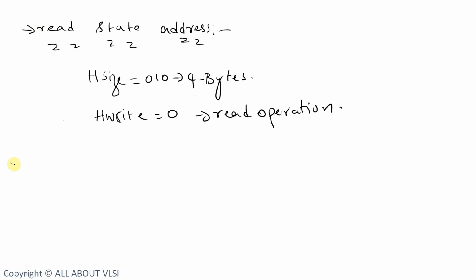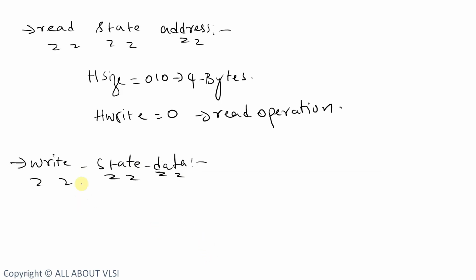Now, in the case of write state data, we have come to our write state data. In the case of our write state data, I am going to check what the beat length is. If beat length is equal to 1, I am going to write down its particular logic.